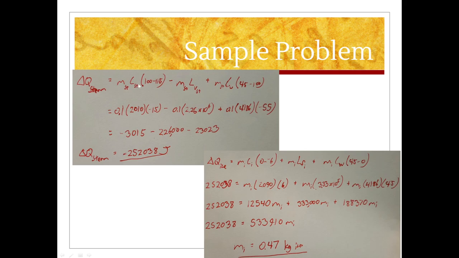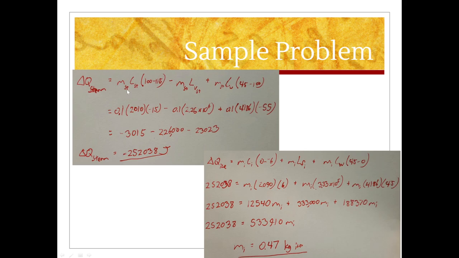This earlier one here, where the steam is cooling down from 115 to 100, you need to use the specific heat of steam. And yes, H2O's specific heat does change depending on what phase it's currently in. It's kind of frustrating. Over here, once it's in the state of water, then you would use the specific heat of water.